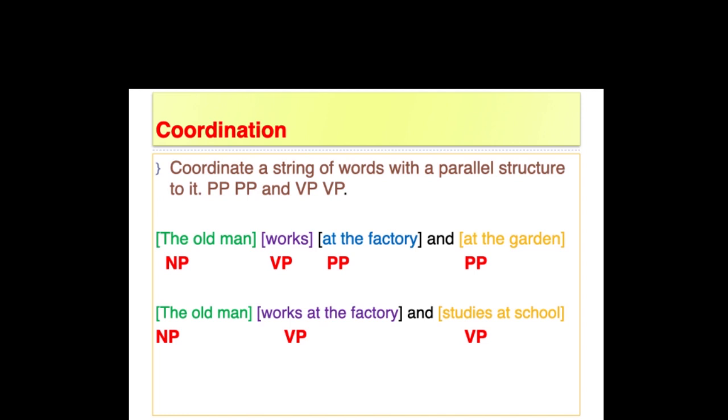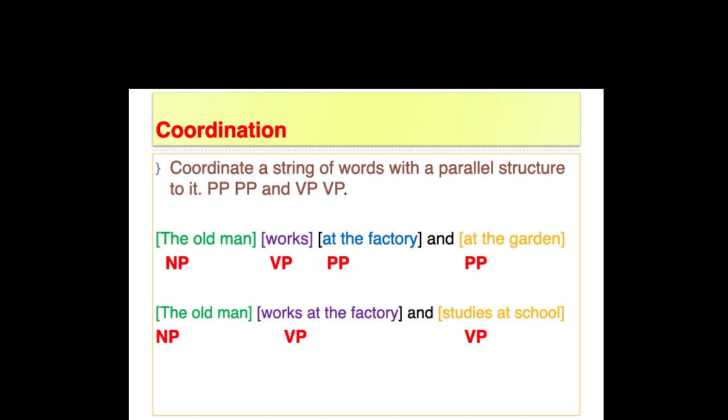If you have a VP, you use coordination, and then you use the same structure. Like the example we have there, the old man works at the factory. Now, if we add and, we said at the factory, I need a similar parallel structure, and at the garden. Now, which means that we can repeat that over and over again, and we are going to see it later as another property of syntax, which allows us to repeat, what we call recursion.